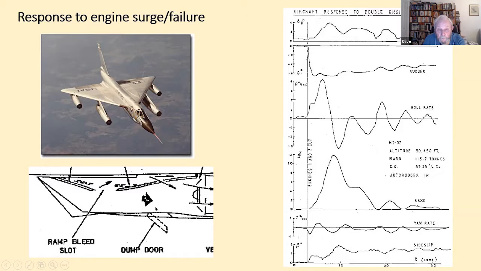The spillage of excess air from the engine in that respect produces a lift on the aeroplane, on the dead engine side of the wing, and so instead of the rolling moment due to side slip turning the engine over, as it did on the B-58, with this one, the lift we got from the dump door actually killed the rolling moment and kept the bank down to sensible angles.